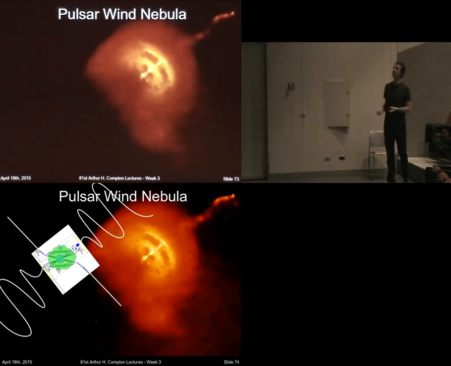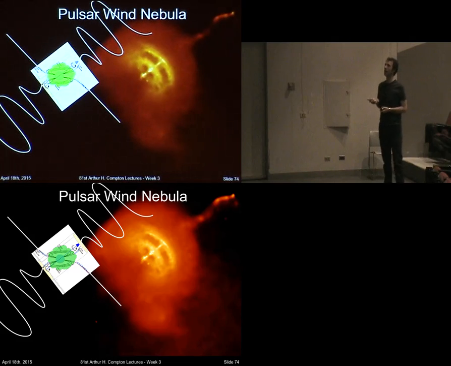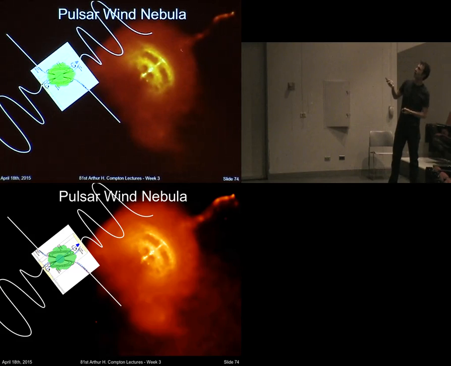All right, here's another one. This is Vela. Here's my little cartoon again. Here you more obviously see the jet coming out the backside.